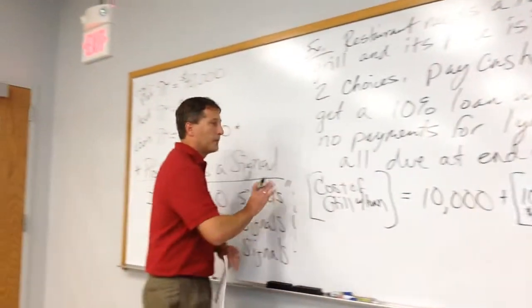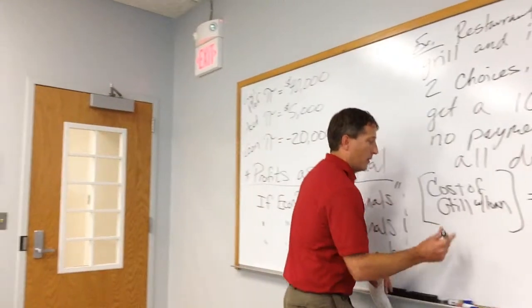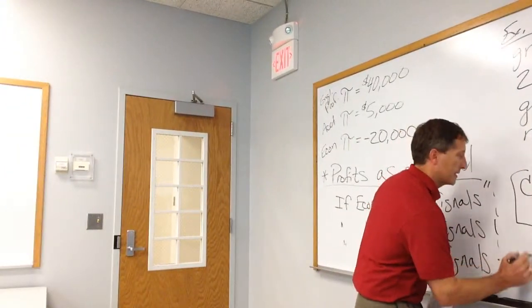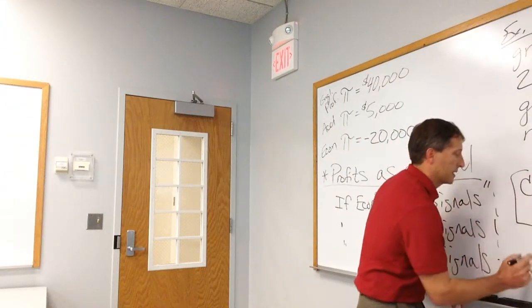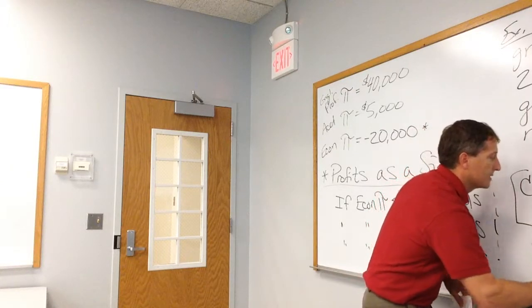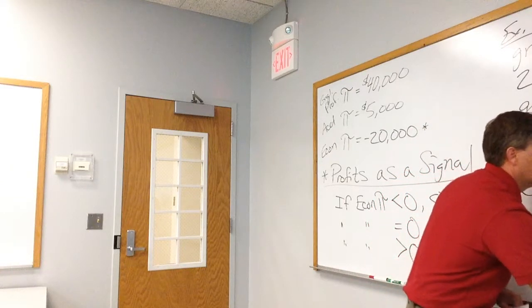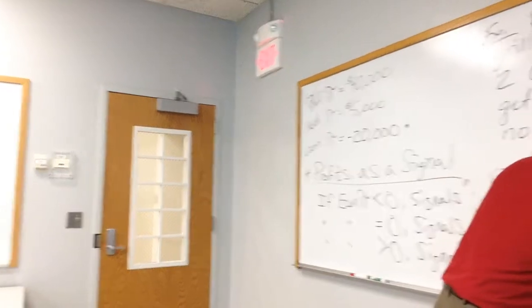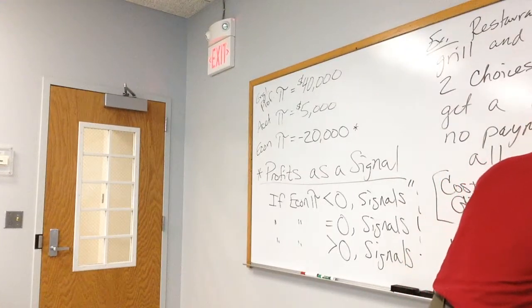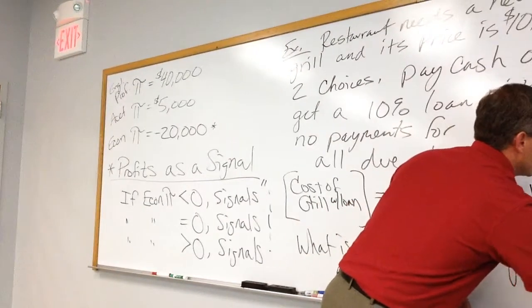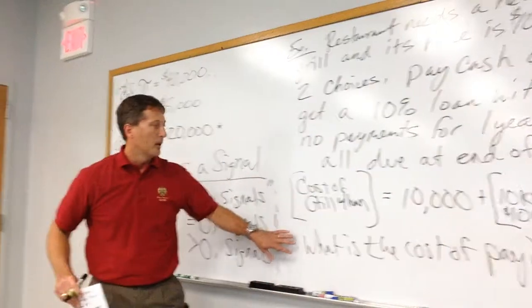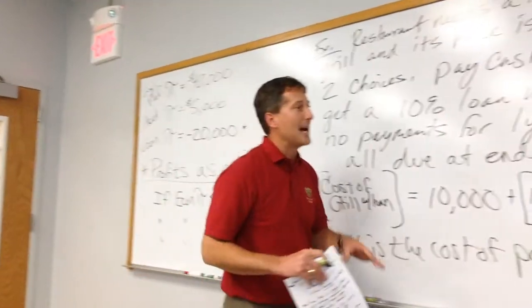All right, so to sum this up then, we got the cost of the grill at $11,000. What is the cost of paying cash? I'm just going to ask the question and then we'll answer it just like what we just did. What is the cost of paying cash? It's not 10,000.